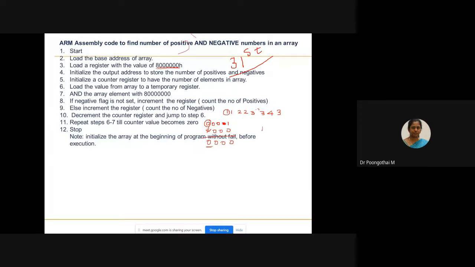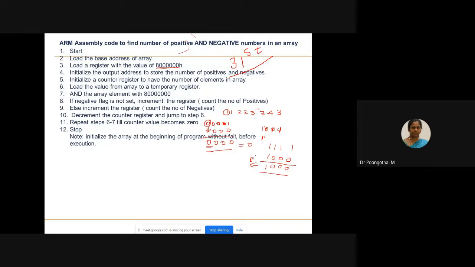Suppose your number is a negative number, for example F. Adding it with 1 0 0 8, what is the answer? 0 0 0 1. You get 8, but here you get 0.